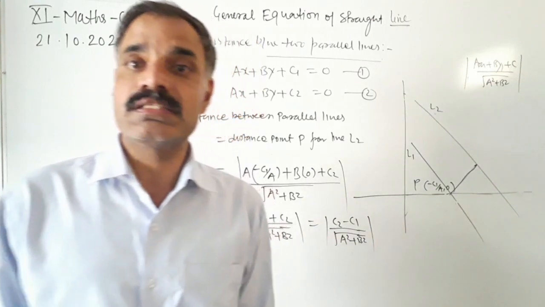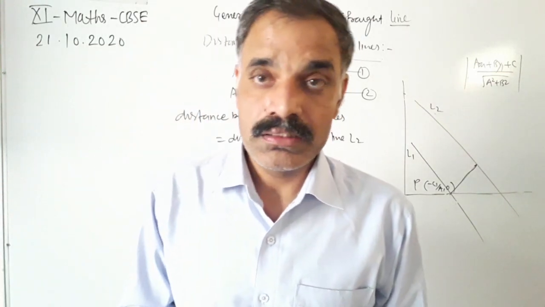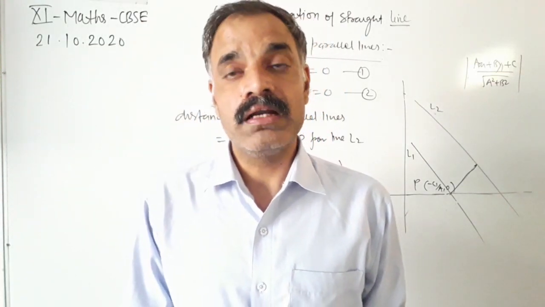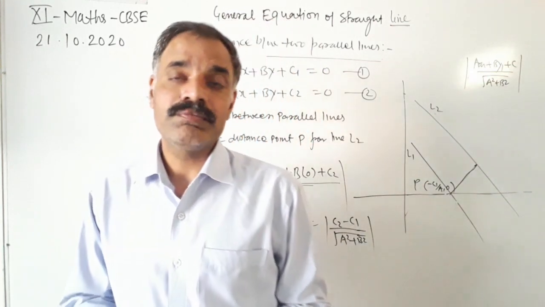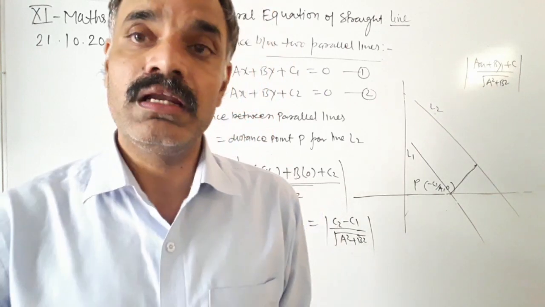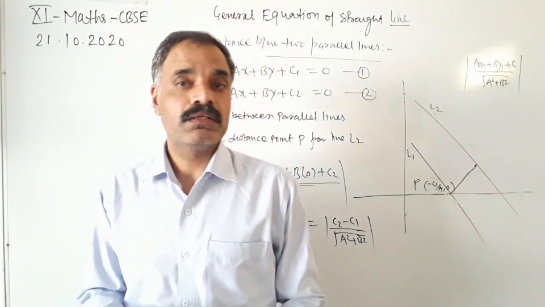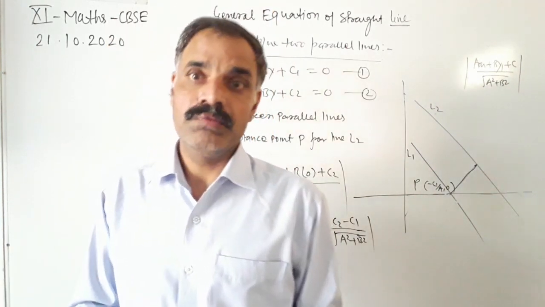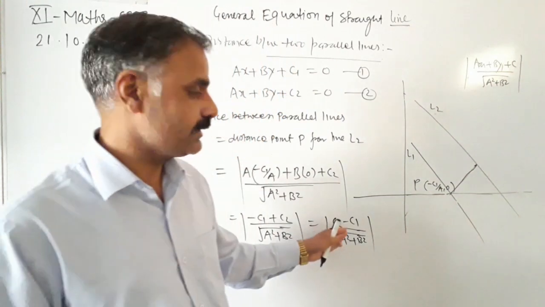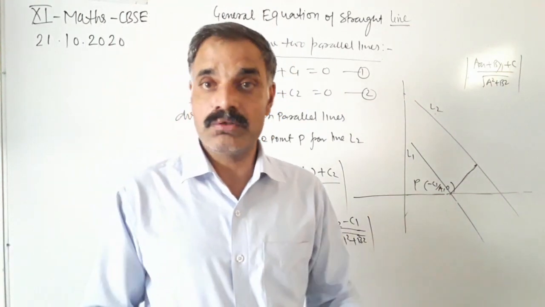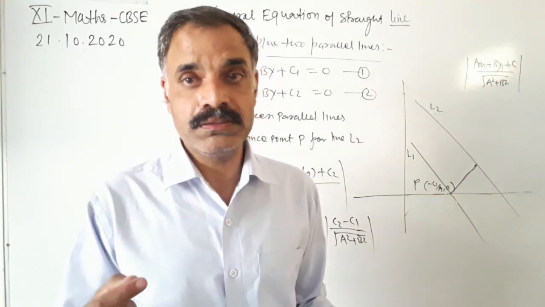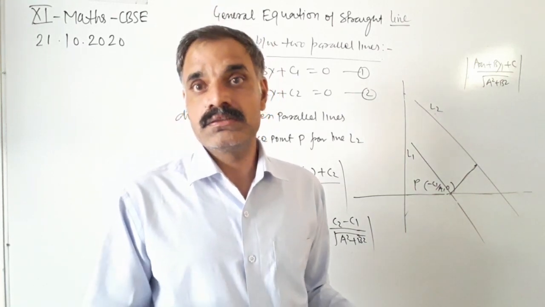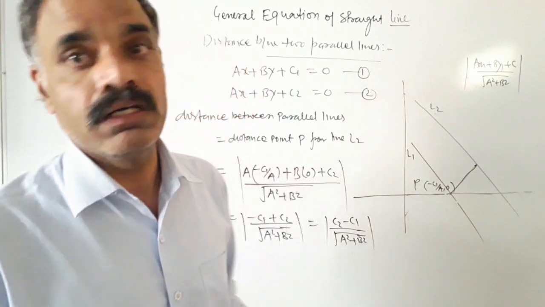This is the distance between two parallel lines. So in this way you can find the distance between two parallel lines whenever they are given: the difference between their constants divided by under root of square of coefficient of x plus square of coefficient of y.